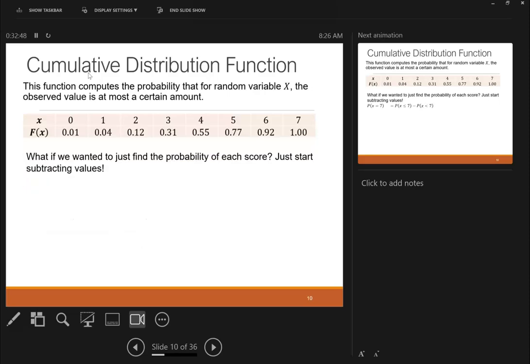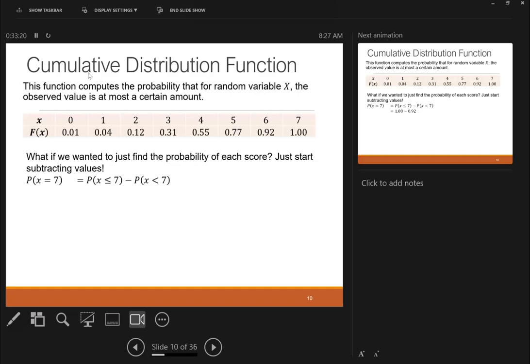And as I hinted at earlier, if I wanted to find the probability of just one score, like the probability of getting exactly a 5, or exactly a 7, or exactly a 2, all we're going to be doing is subtracting. So if I want the probability that x is equal to 7, that's going to be the probability that x is less than or equal to 7 minus the probability that x is strictly less than 7.